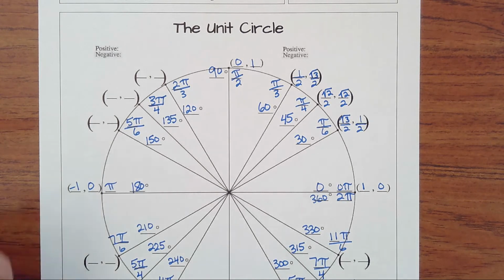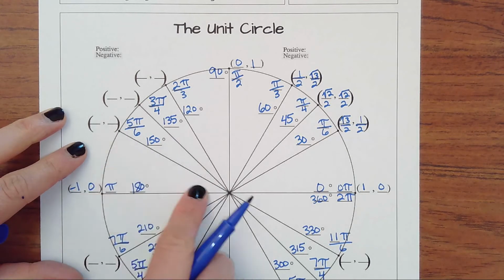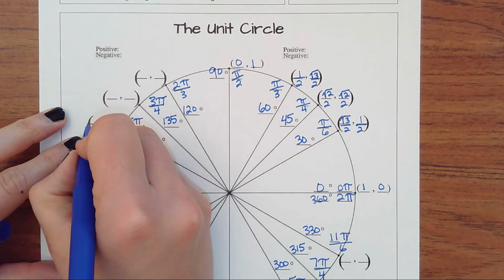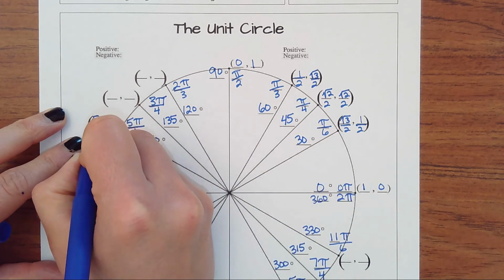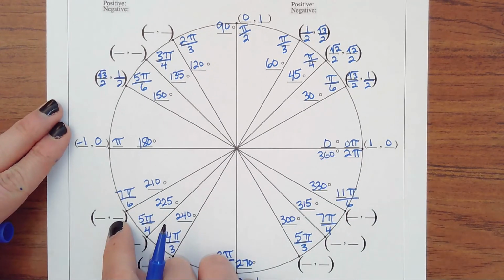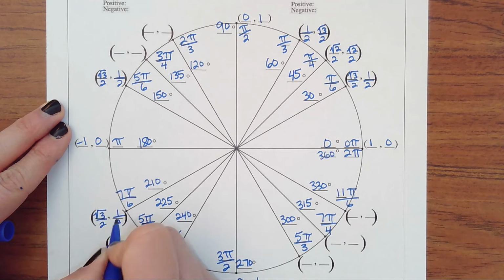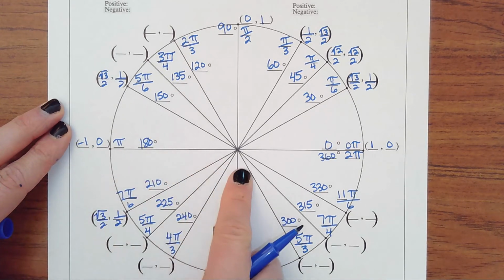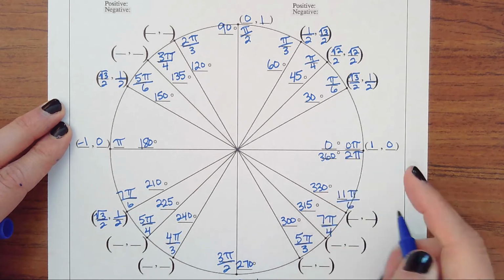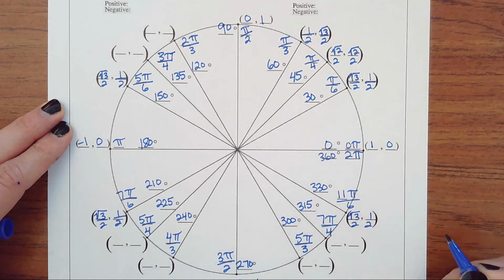I don't really have all my good highlighters, but so this 30 degree and this is a 30 degree. So we'll have this be square root of 3 over 2, a half. And if you follow this line down, this is also square root of 3 over 2 comma 1/2. If you follow this down, make it 30 degree reference angle, this is square root of 3 over 2, a half.